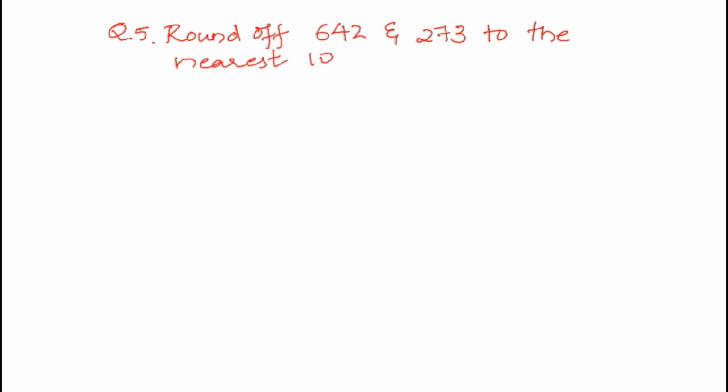Round off 642 and 273 to the nearest tens. This is the first question in fifth one. Second sub question, find the difference of the rounding of numbers.